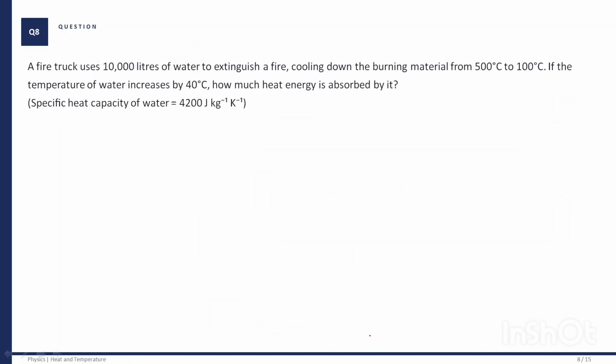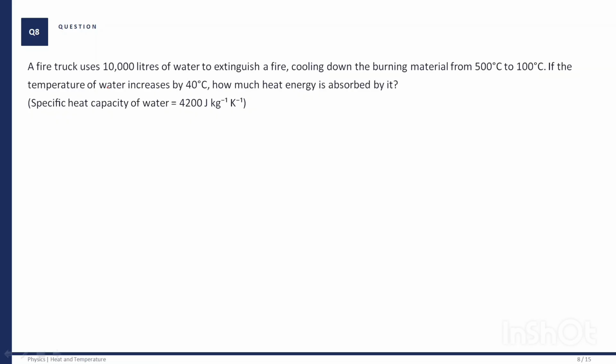The next one is a little important. Question number 8. If a truck uses 10,000 liters of water to extinguish a fire, cooling down the burning material from 500 degrees Celsius to 100 degrees Celsius, and the temperature of water increases by 40 degrees Celsius, how much energy is absorbed by it?